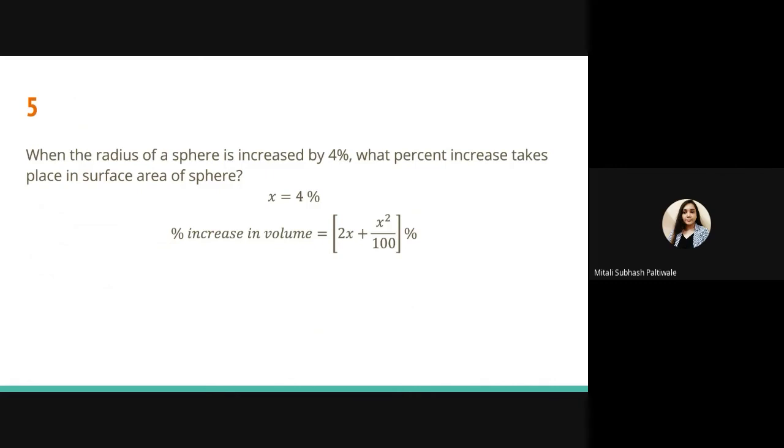This is the only formula which you have to keep in mind. Let's move. Let us put the values of x into the equation and find out the answer. So this has become 2 into 4 plus 4 square by 100, which is nothing but 8 plus 16 by 100. Now, 16 by 100 is 0.16. So the answer would be 8.16.